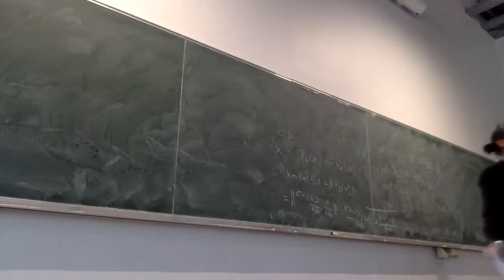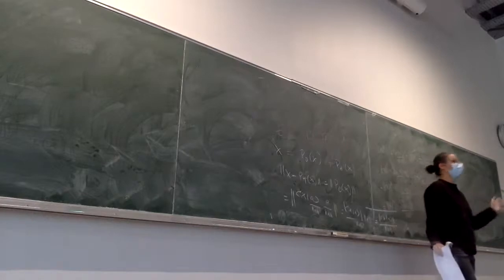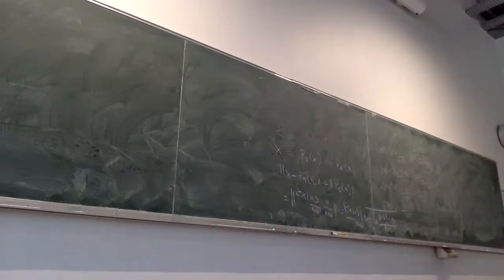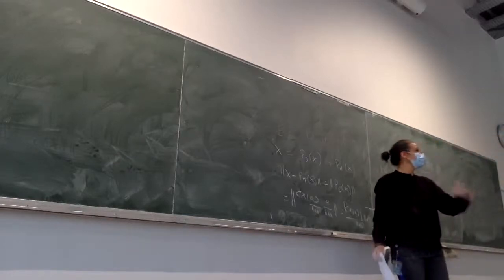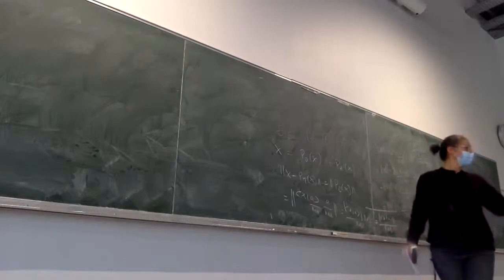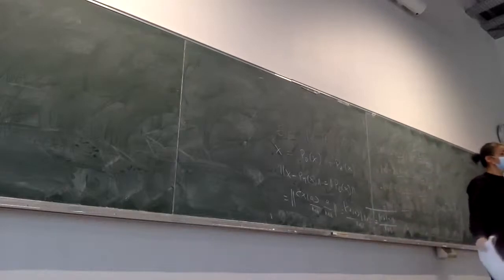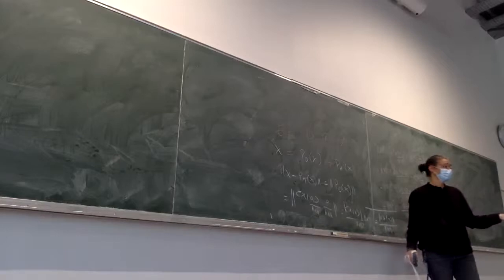This is the kind of thing that will allow you to describe, more or less, any signal. Okay? Any function, if we have enough regularity, we can describe them as a sum of trigonometric functions, right? And that is very useful if you want to discretize signals. That's why all the digital music relies on it. Okay?